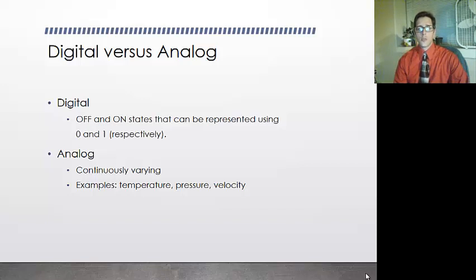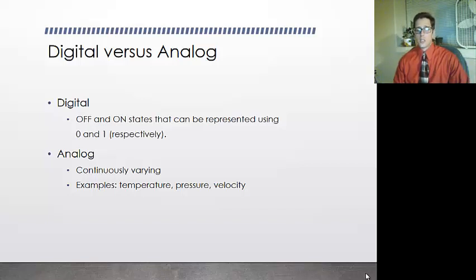So this is a review right here. What is a digital signal and what is an analog signal? Digital signals are an off or an on state that can represent either a 1 or a 0, a high or a low state, 5 volts or 0 volts. An analog signal is a continuously varying signal, something sinusoidal.